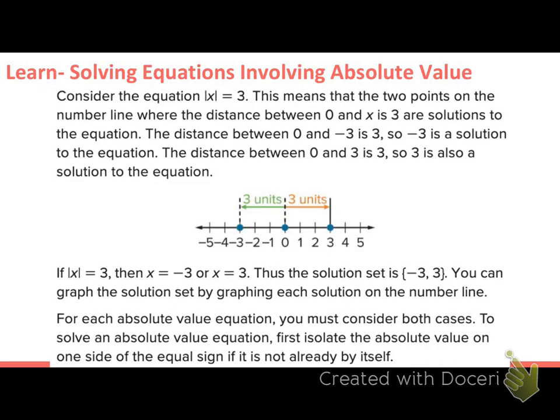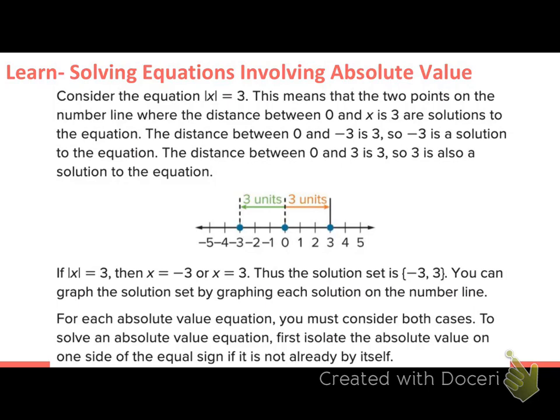Consider the equation, the absolute value of x equals 3. This means the 2 points on the number line where the distance between 0 and x is 3. So we're trying to figure out what x is. The distance between 0 and whatever number this is, we're trying to figure out what number is 3 units away from 0.